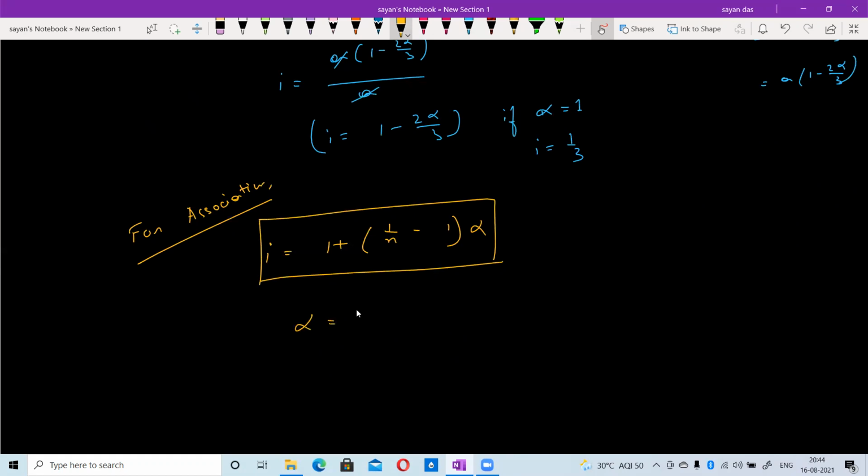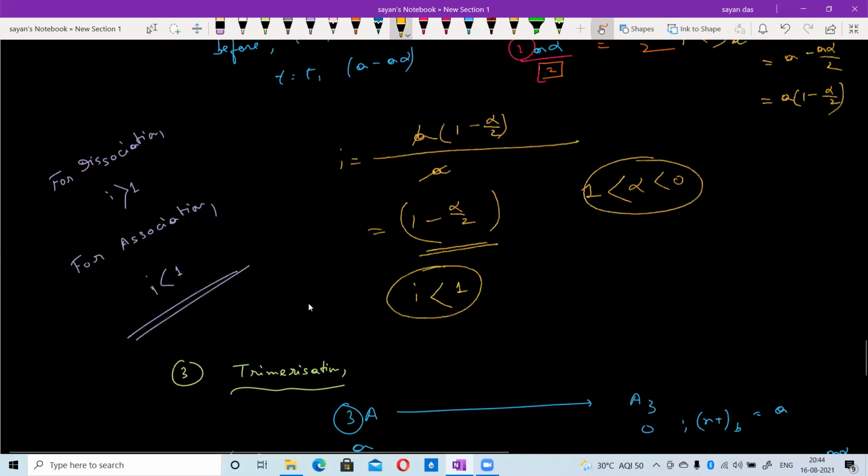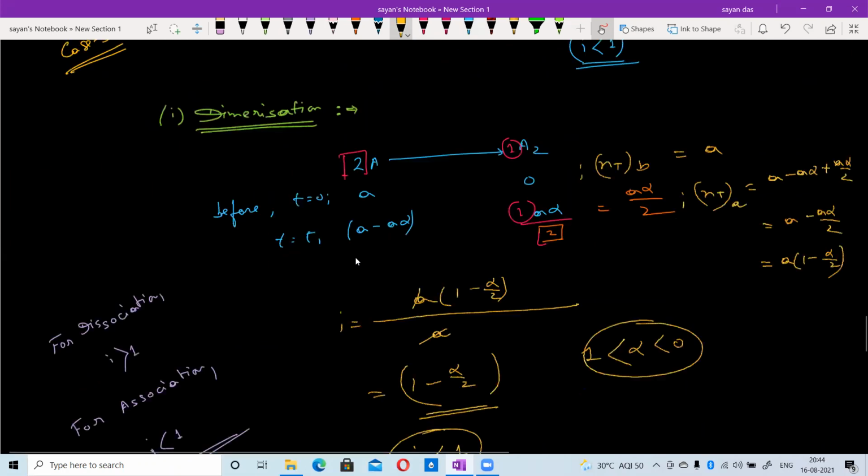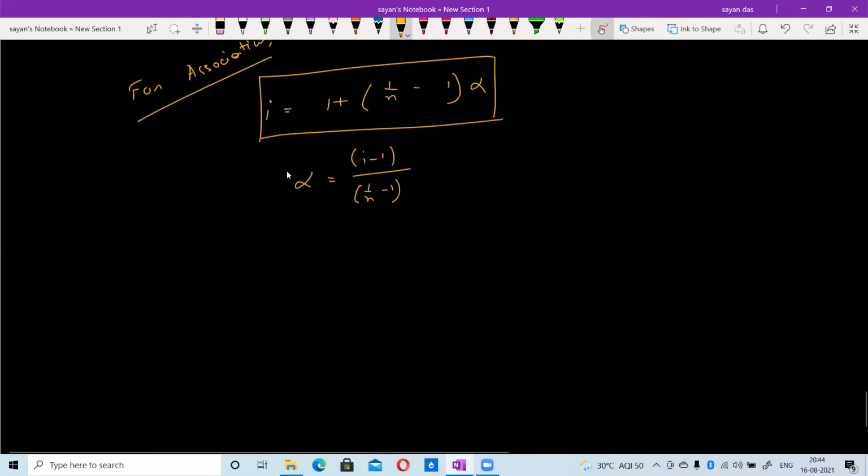From here you can find the alpha value, which is I minus 1. Just what will be the change? Instead of n, you can write 1 minus n, nothing else. If you go through this one, instead of n, we are using 1 minus n. Okay. All the stuff remains same. Now, if alpha equals 1, I equals, instead of n, we are using 1 minus n.